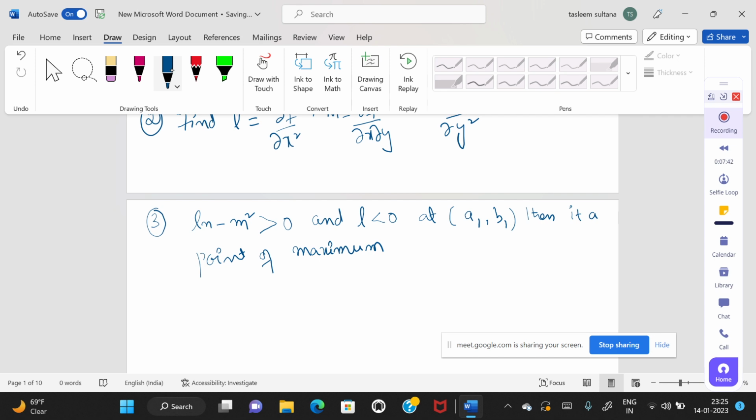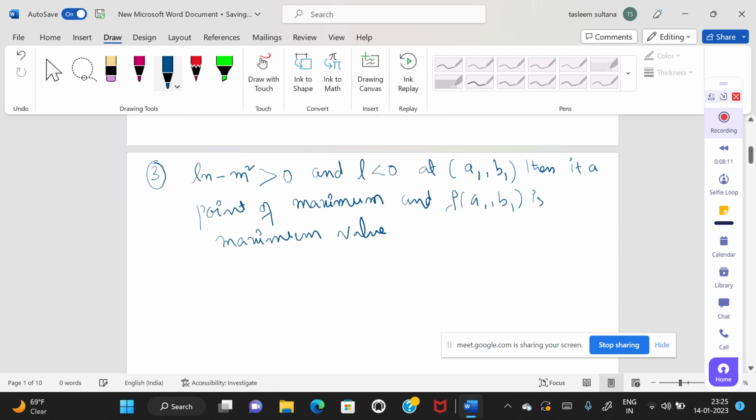If you are getting LN − M² greater than 0 and L less than 0, then that point is known as a maximum, and f(a1, b1) is the maximum value.